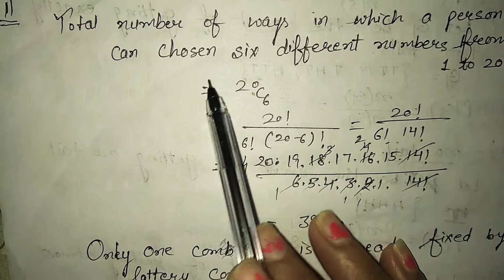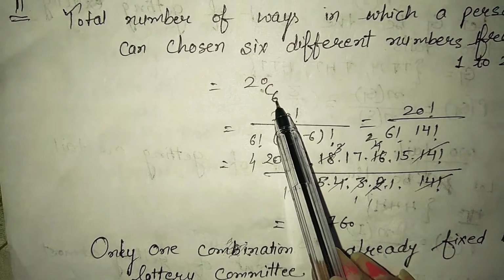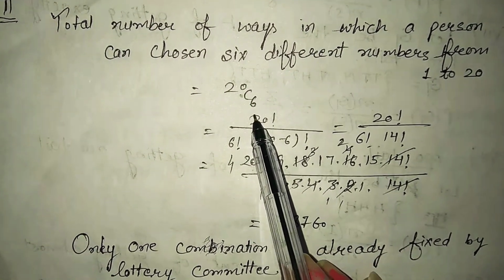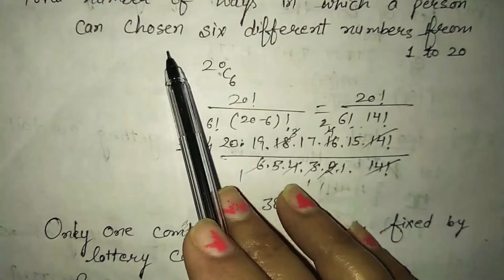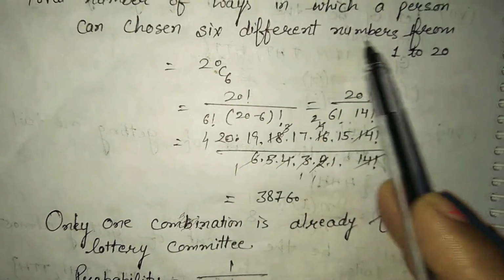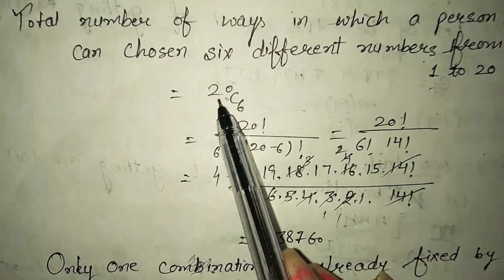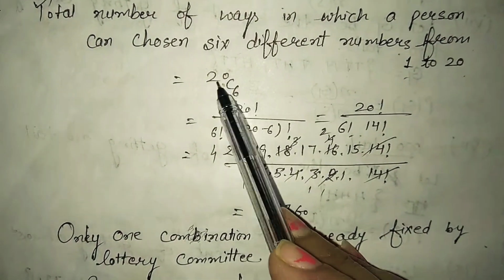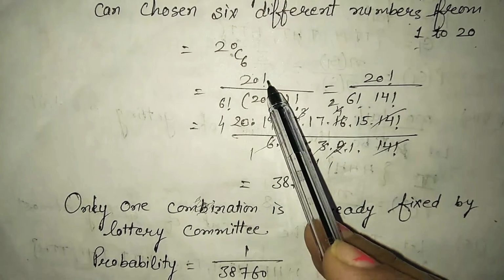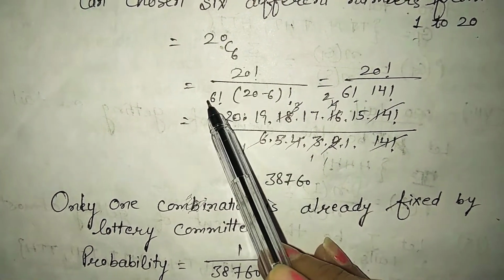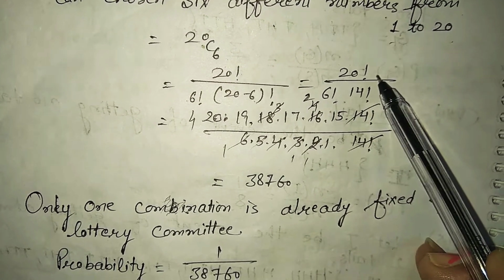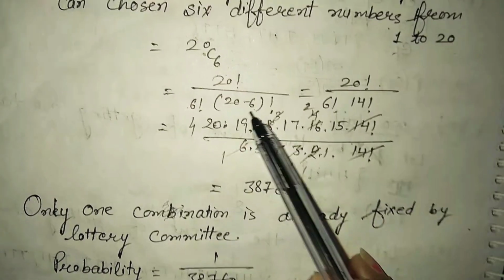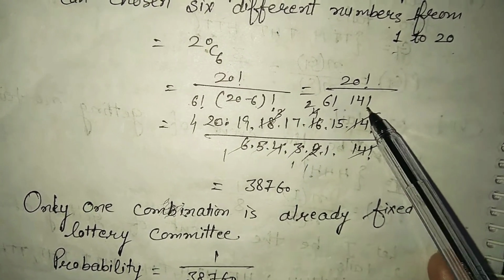20C6, because there are 20 numbers and he wants to choose 6 numbers. So the total number of ways in which a person can choose 6 different numbers from 1 to 20 is 20C6. The formula is 20 factorial upon 6 factorial into (20 minus 6) factorial. So 20 factorial as it is, 6 factorial as it is, and 20 minus 6 is 14 factorial.